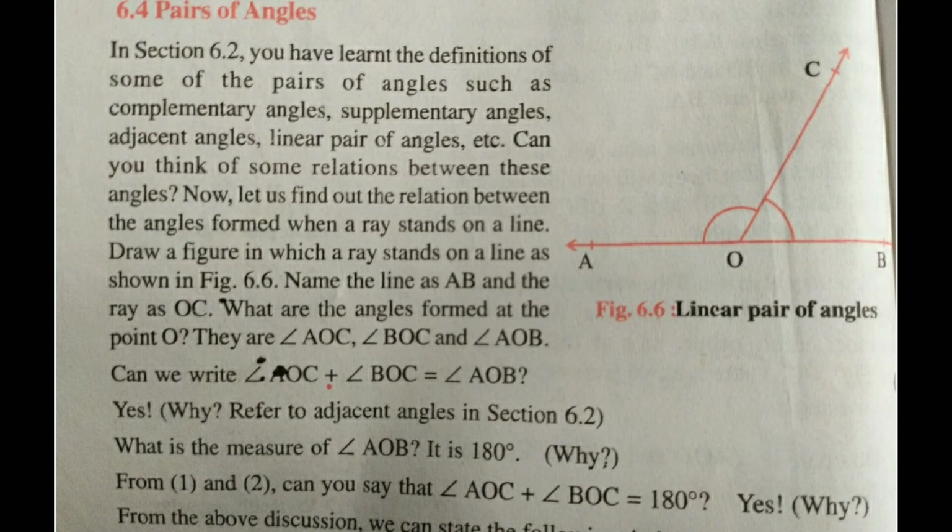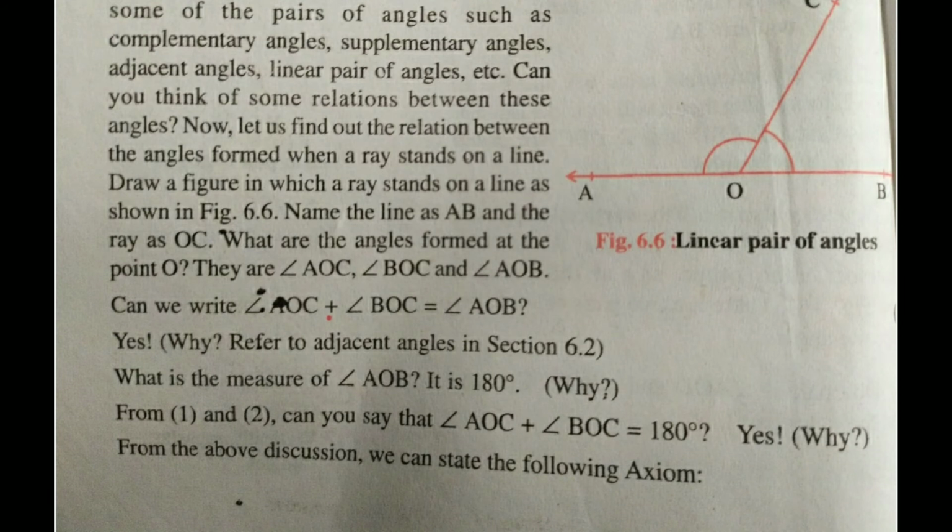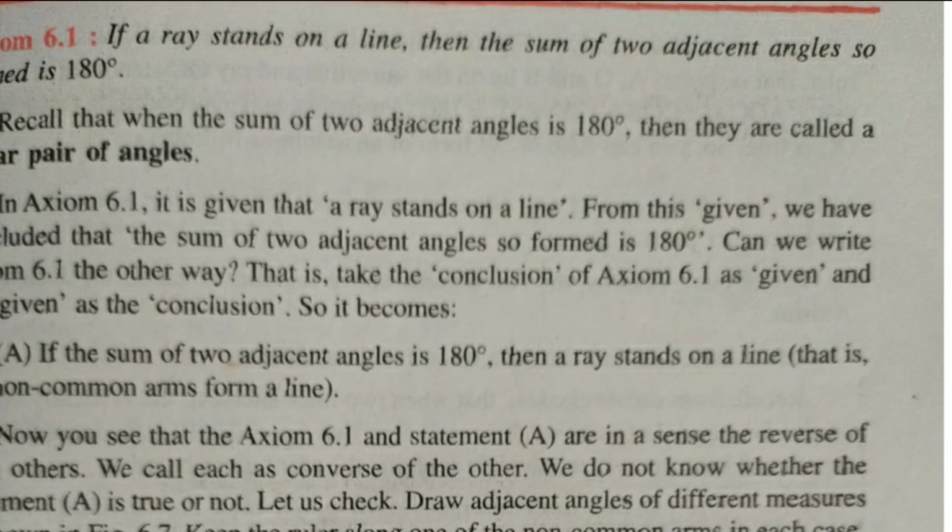So from 1 and 2 we can say that AOC plus BOC equals 180 degrees, and from the above discussion we can state the following axiom. What is an axiom? It is a truth given by Euclid.